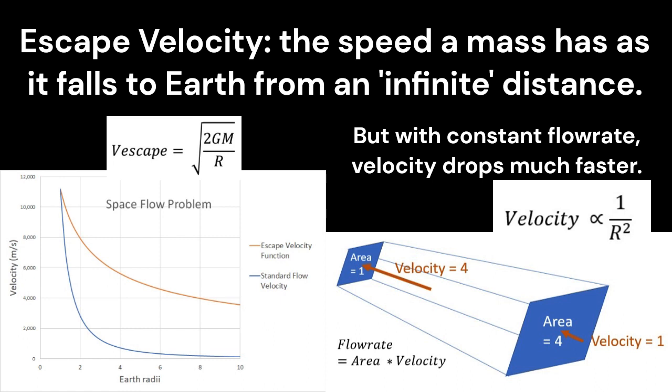So as you go up from Earth on that basis, the speed would drop off much more quickly. So what we said before was, in order to make our flow model work, we have to have some loss of flow as we come in towards the Earth. And so we're going to look at this pipe and see what that would mean in terms of how you can drop your flow rate and how it affects the velocity.